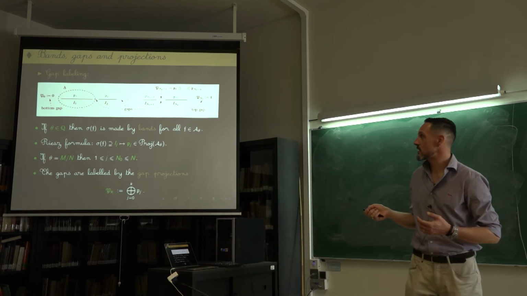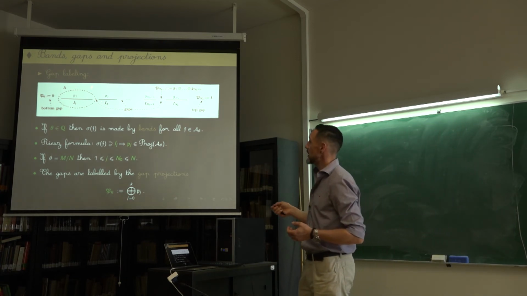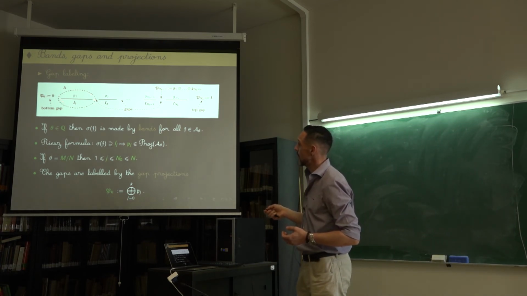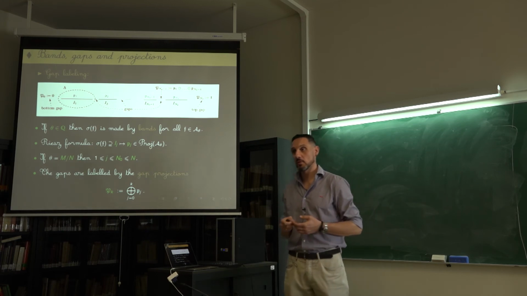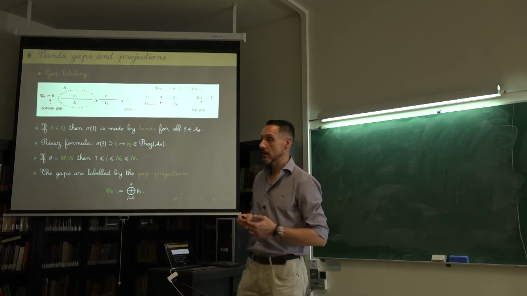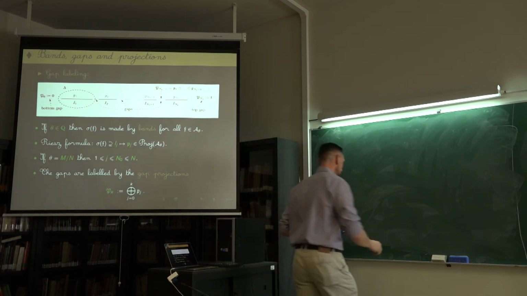How can I construct this projection? Well, I have the Riesz formula. I can choose in the complex plane a closed path, and essentially I can use the Cauchy formula for holomorphic functions.